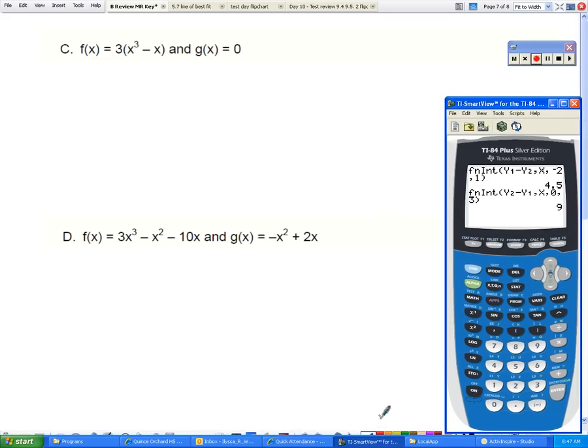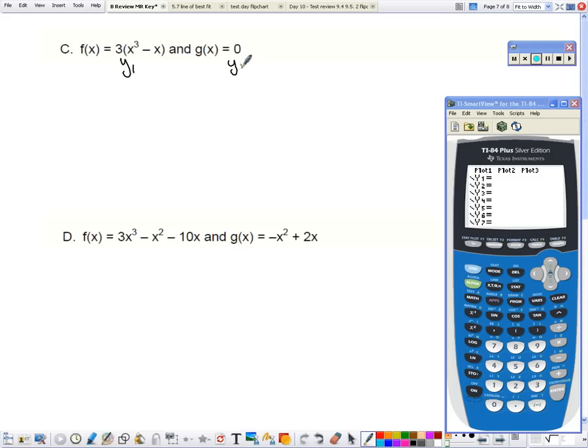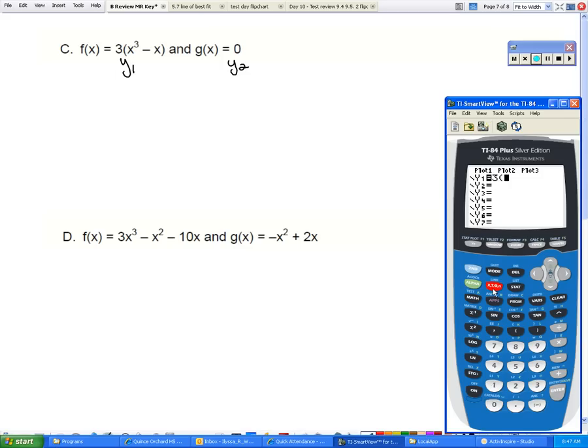Okay, we're going to do the same process for C and D. For C, I'm going to put this in y1, and this one in y2. Let's see what that looks like.